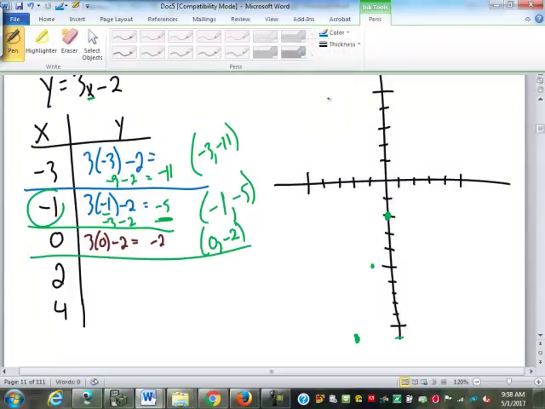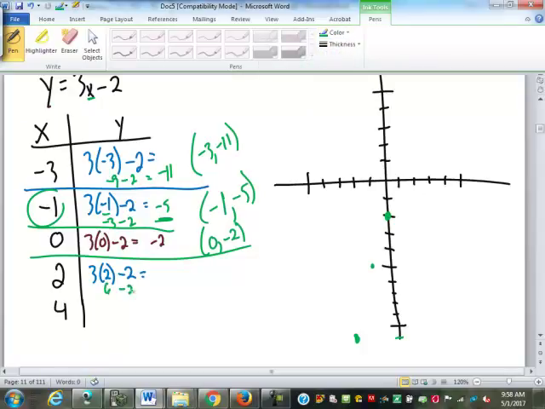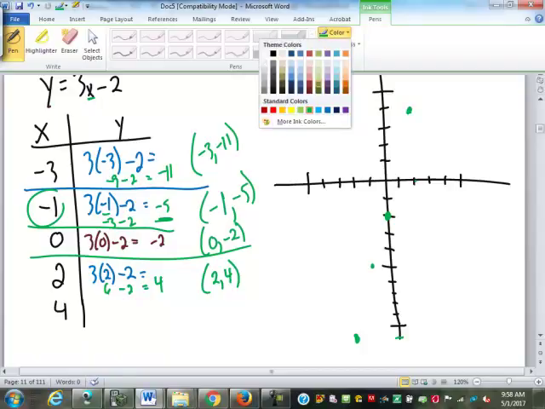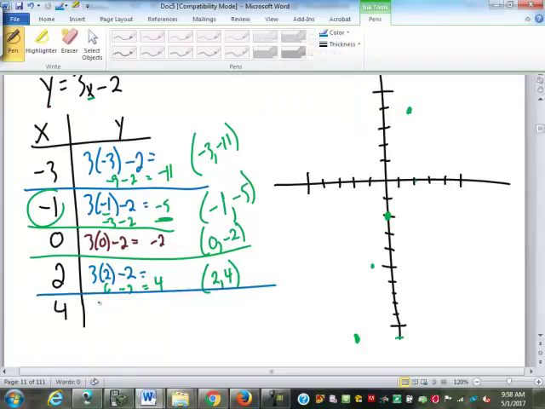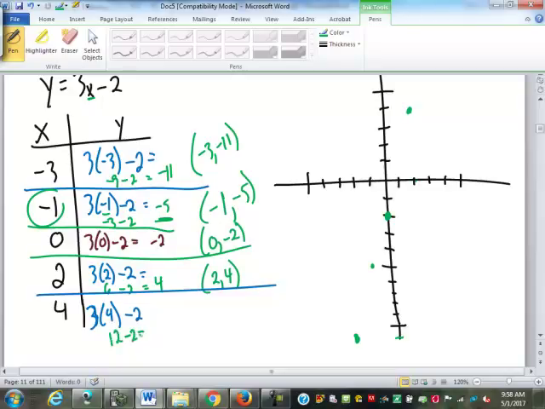If x is 2, y is 3 times 2 minus 2. 3 times 2 is 6, minus 2 is 4. So we got 2, 4. 2, 4 is right there. And if x is 4, y is 3 times 4 minus 2. 3 times 4 is 12, minus 2 is 10. So it's 4, 10.